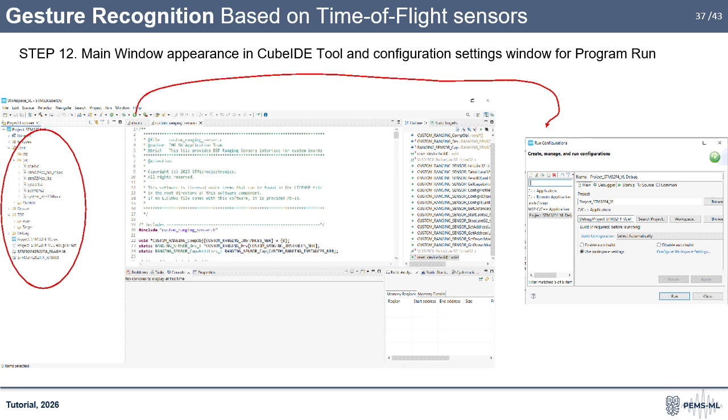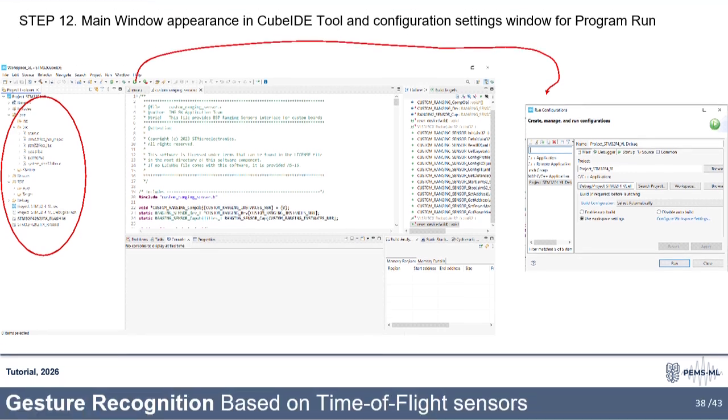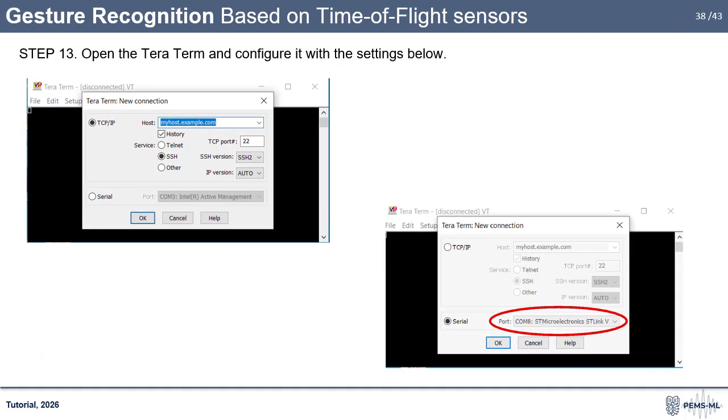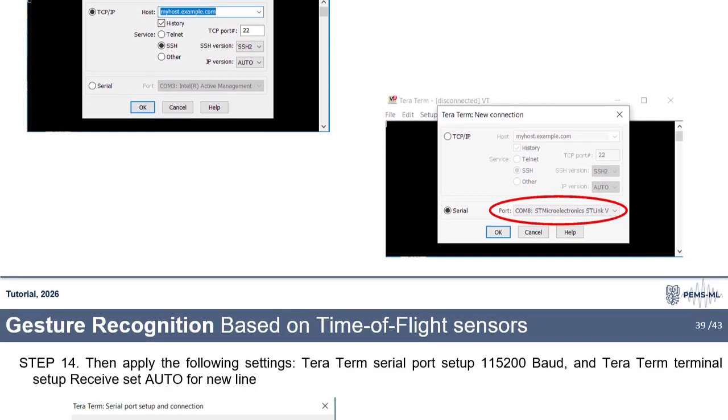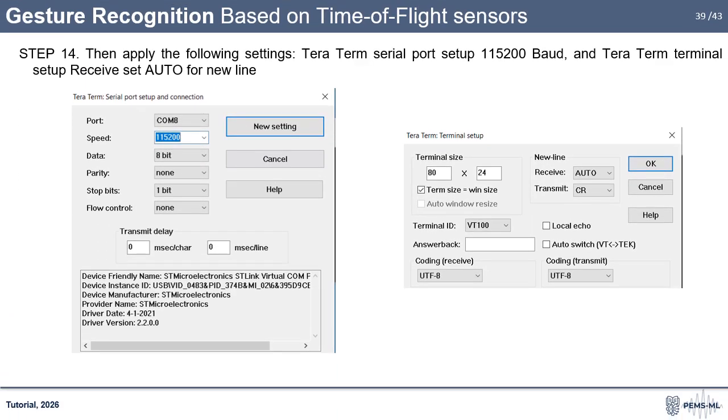Step 12. Main window appearance in CubeIDE tool and Configuration Settings window for program run. Step 13. Open the Tera Term and configure it with the settings shown in the slide. Step 14. Apply the following settings. Tera Term serial port setup 115,200 baud and Tera Term terminal setup receive set auto for new line.